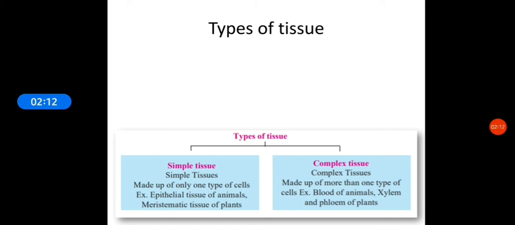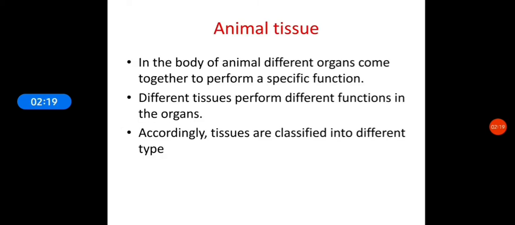Plants and animals have different types of tissue to perform the necessary functions. So let us learn in detail about animal tissue. In the body of an animal, different organs come together to perform a specific function.